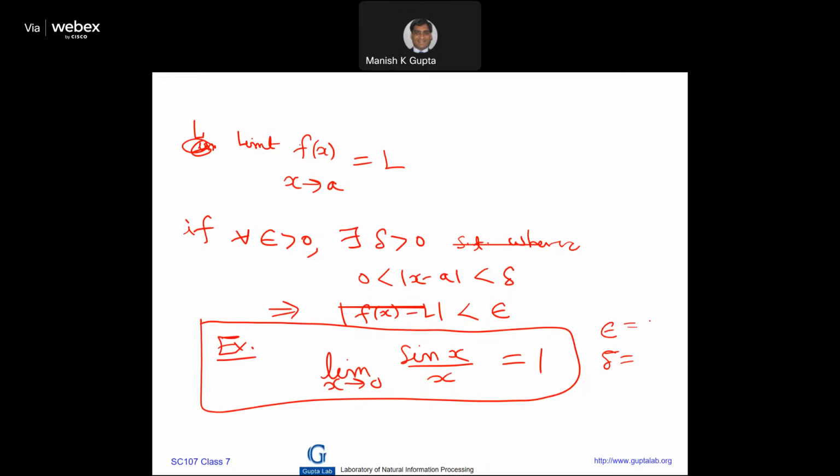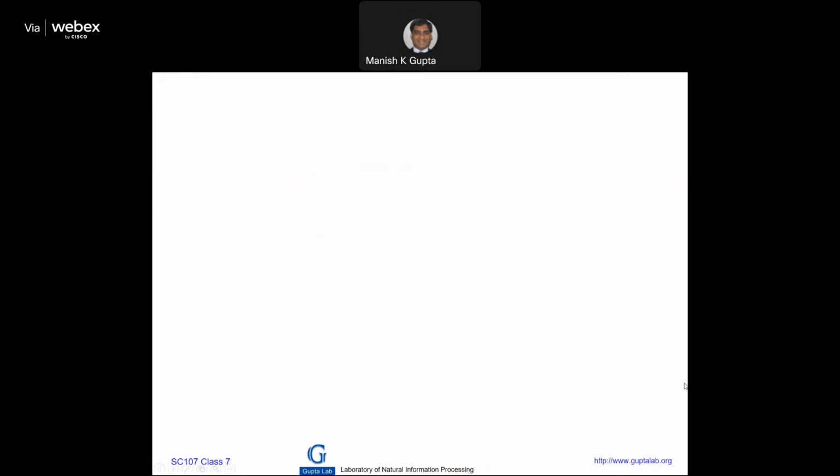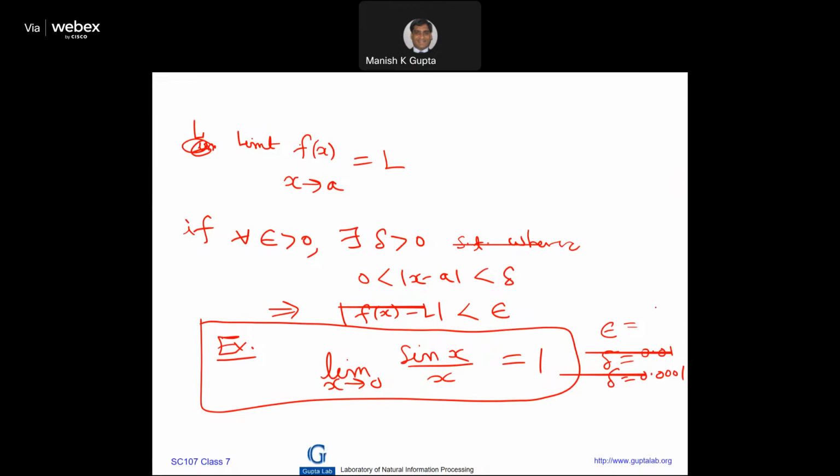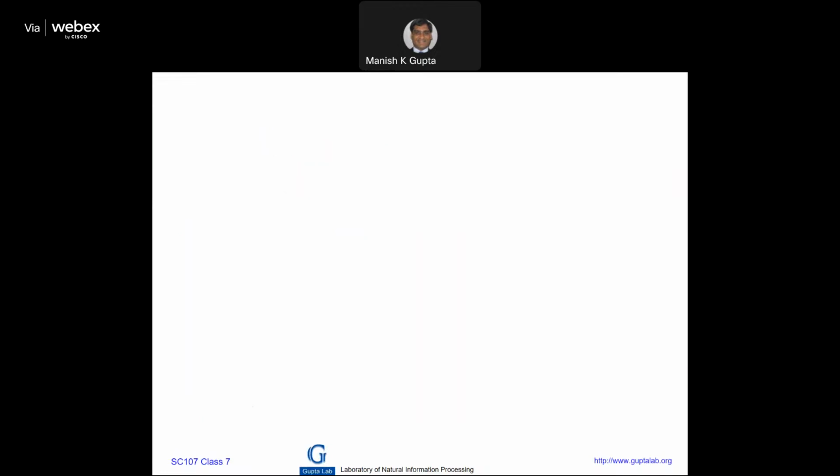So you can take, say, delta could be 0.0001. And also similarly, you see what epsilon you are getting actually. So there are two more related things, right hand limit.